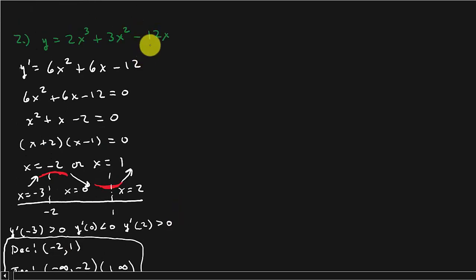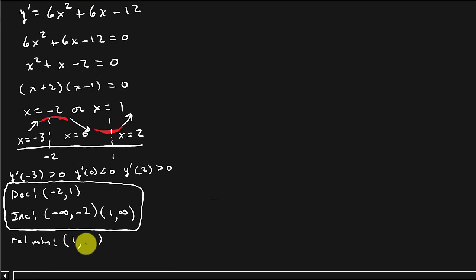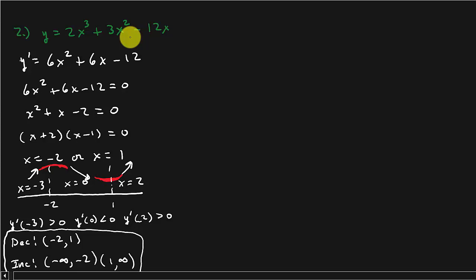And so then I've got to plug 1 into here. That's going to be 2 plus 3 minus 12, which is negative 7. So that's the point (1, negative 7). And then I have a relative max at negative 2, and I need the y coordinate.